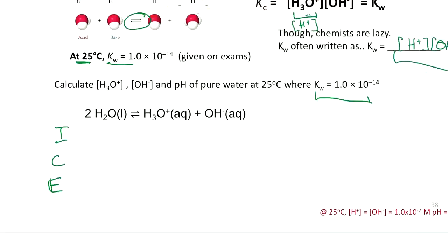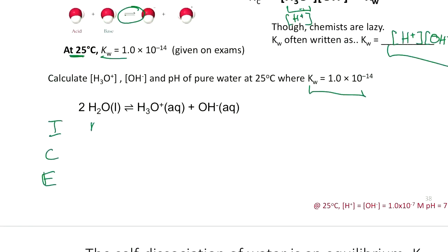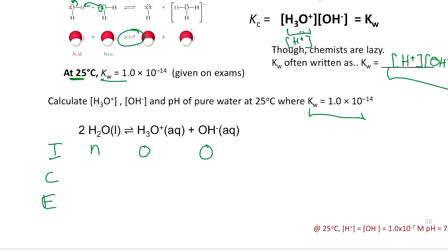So I'm going to throw in a random amount of water. I'm going to say N. Which way does this reaction have to go? Forward. So minus X, plus X, plus X. So at equilibrium, it's not minus X, it's actually minus 2X. But does it matter? No, because that ends up not being in the K expression anyway.